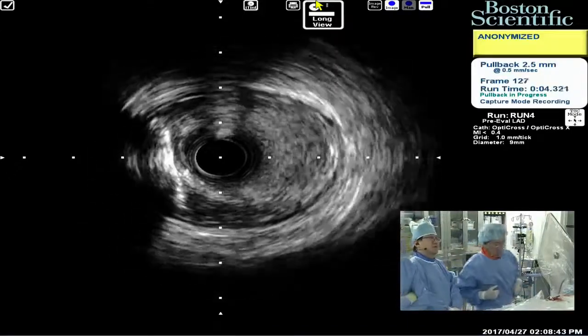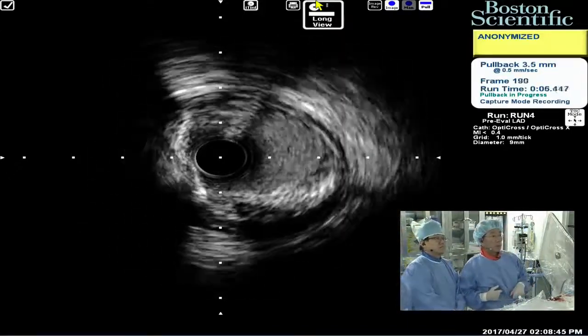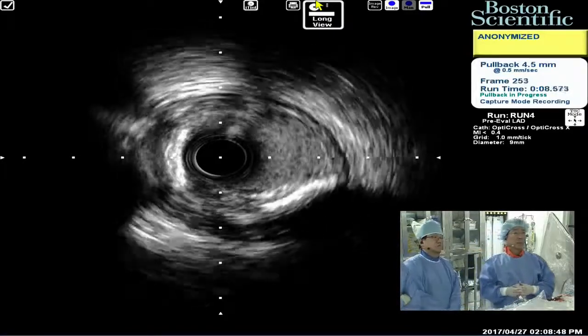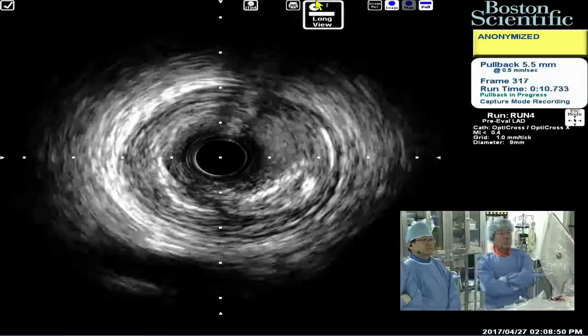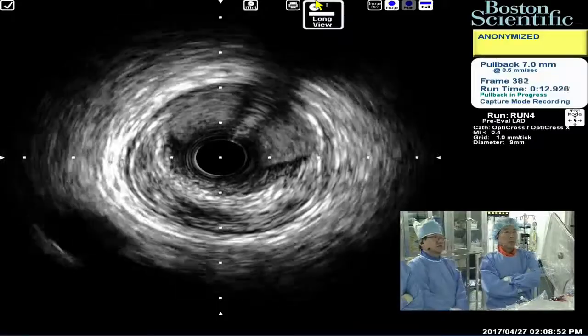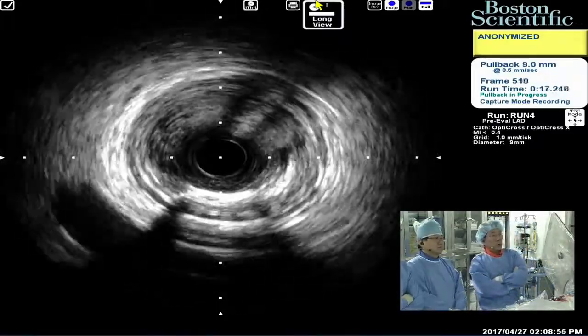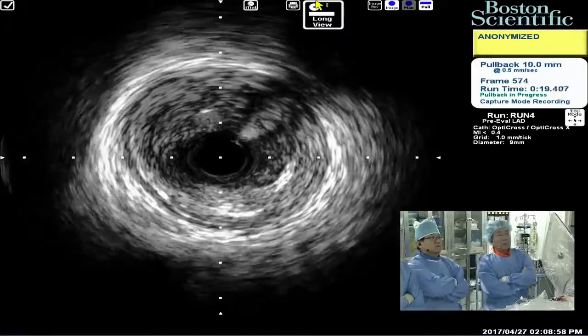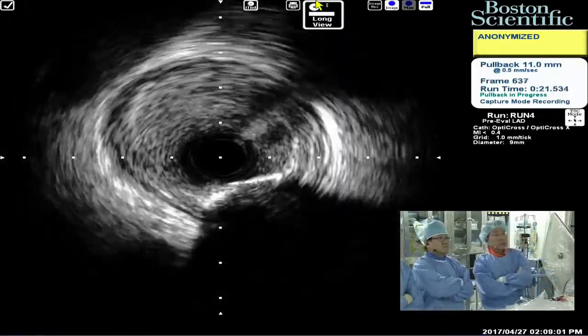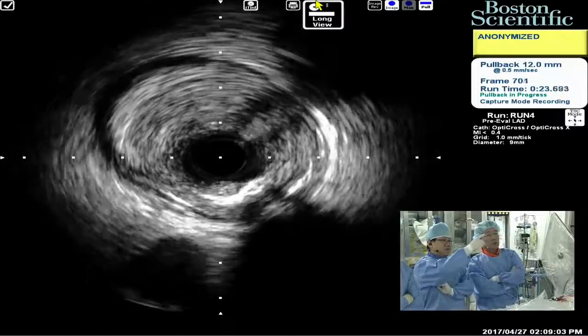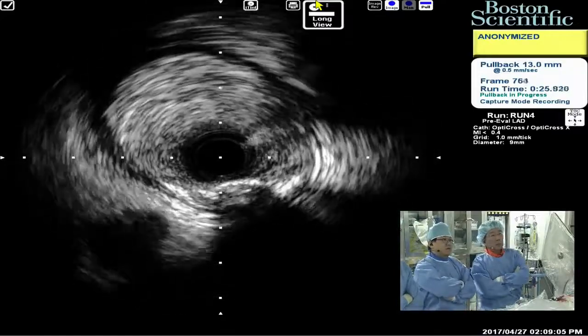Yeah. Big vessel. Superficial calcium. Some disease, however, not too significant. Vessel size was 4.0. Eccentric plaque, minimal. Superficial calcium. Rupture. Okay, close to the diagonal branches.